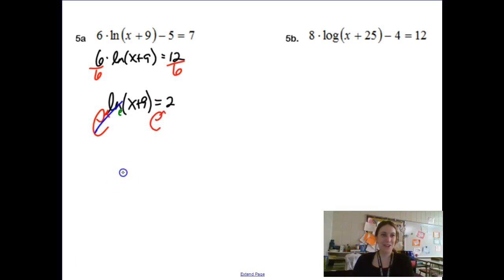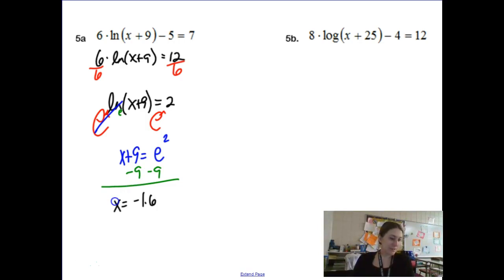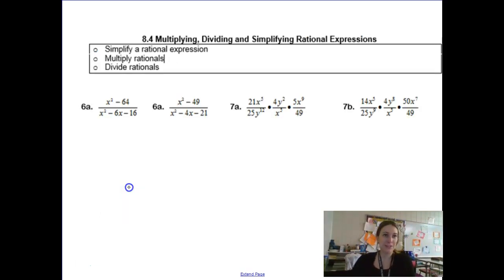So e to the natural log will cancel, and the x plus 9 drops down. And then e to the second power is, I don't know, something gross. And then my next step is to subtract the 9 from both sides. And we get a really gross answer of negative 1.611, according to my work from before. Unless I made a mistake. It's been known to happen.